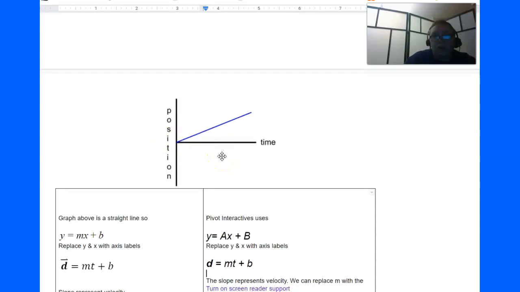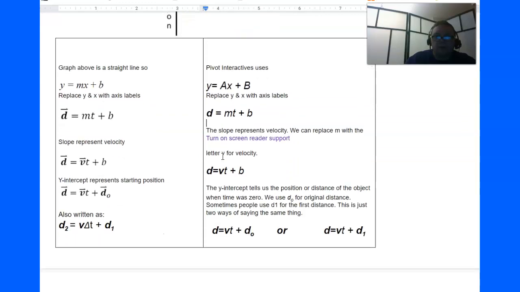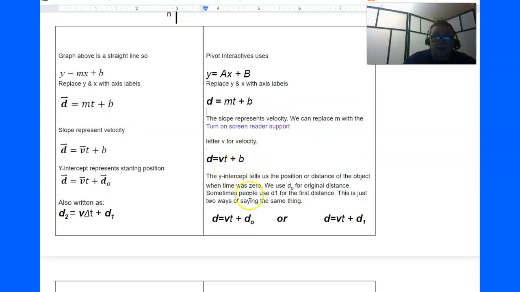It won't always be that, not for all types of motion. So instead of saying b, we can sometimes say d with a little subscript 0. Sometimes people think of that as d original. Sometimes people will put a d1 down there, for the first distance. But now we have an equation for this motion.